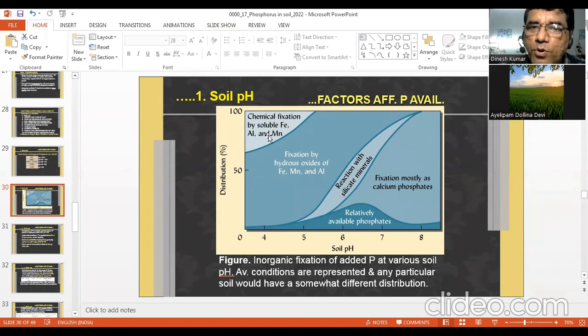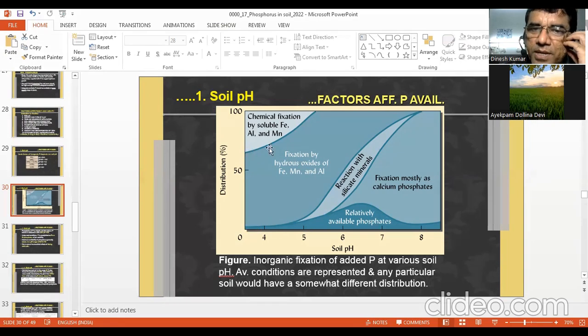Here you have a lot of free iron, aluminum, and manganese, which can make their respective phosphates at this lower pH. And you can see the proportion is about 50, 60, 40% at this very low pH.